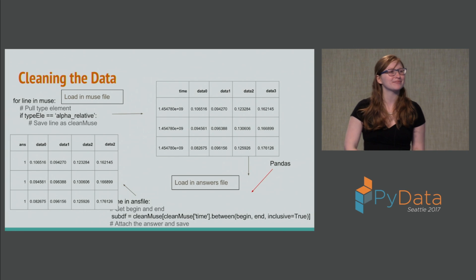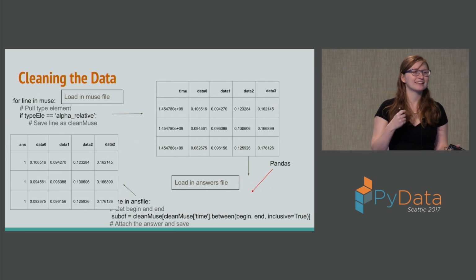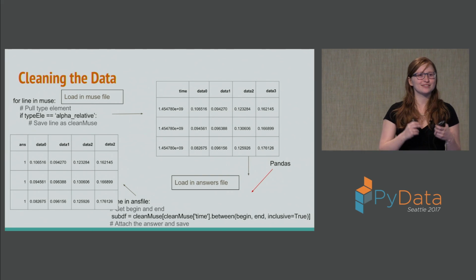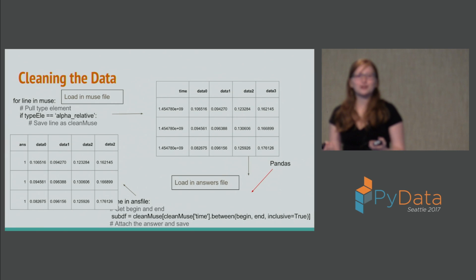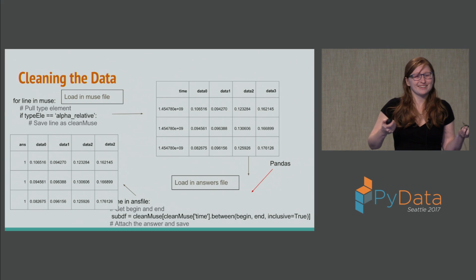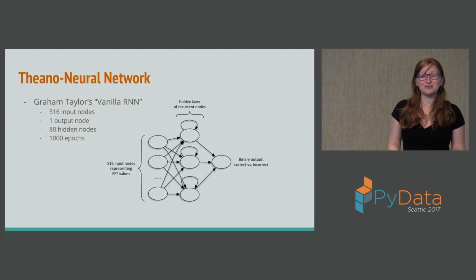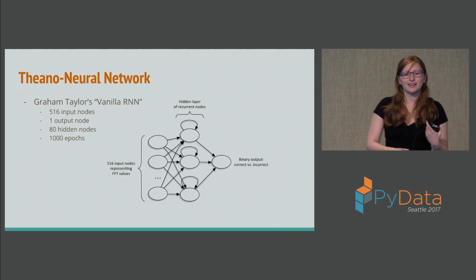Now, it was time to actually do some data science and machine learning. I was really excited. So just to give you a quick background, when I first did this, Keras had just come out. It was still just getting kind of known. TensorFlow was still a baby version. So it was best to kind of use Theano. If you did a Google search at the time, everyone said, use Theano, use Theano.